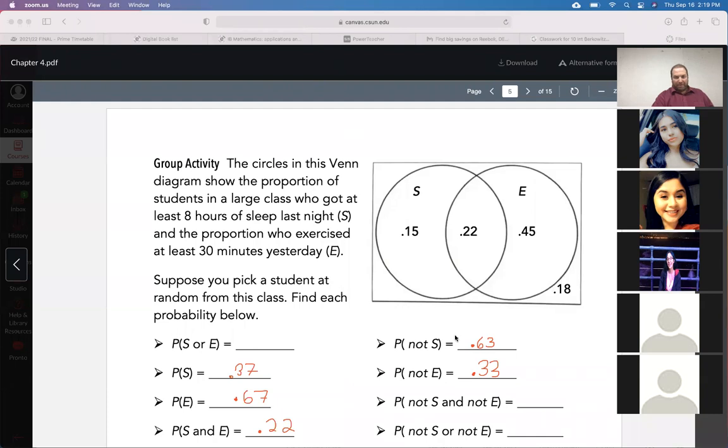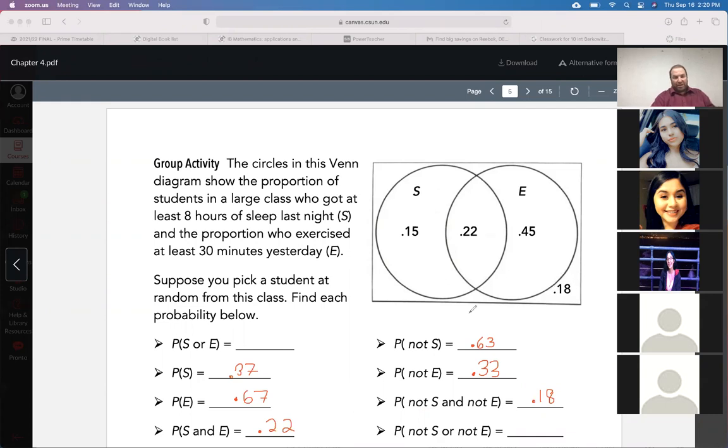Yep. Now, what is the probability that you're not an S and you're also not an E? 0.18. Excellent. The only people that are not an S and are also not an E are the ones who are neither. We agree?